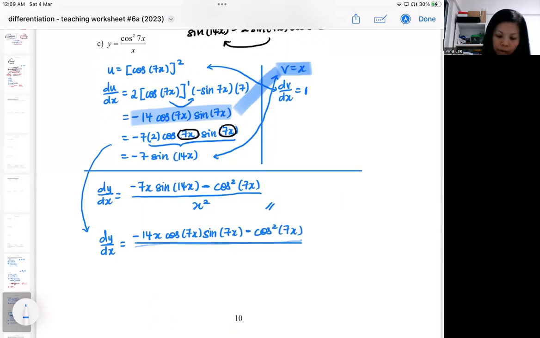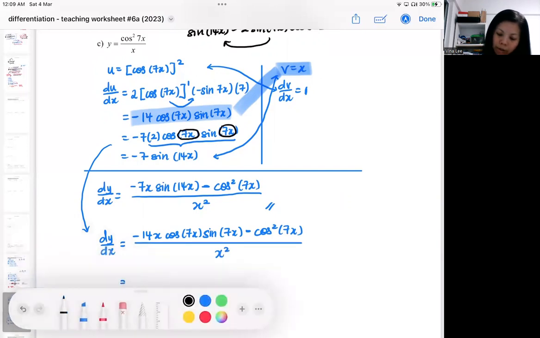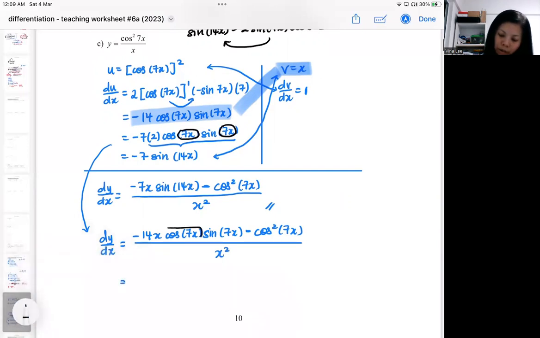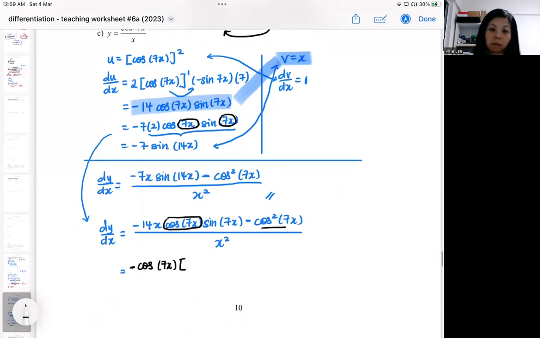So the answer will still be correct, but you will end up with a bit more to factorize. You will have the cosine 7x to factorize. So you might as well factorize out the negative. So you get a 14x sine 7x plus cosine 7x.